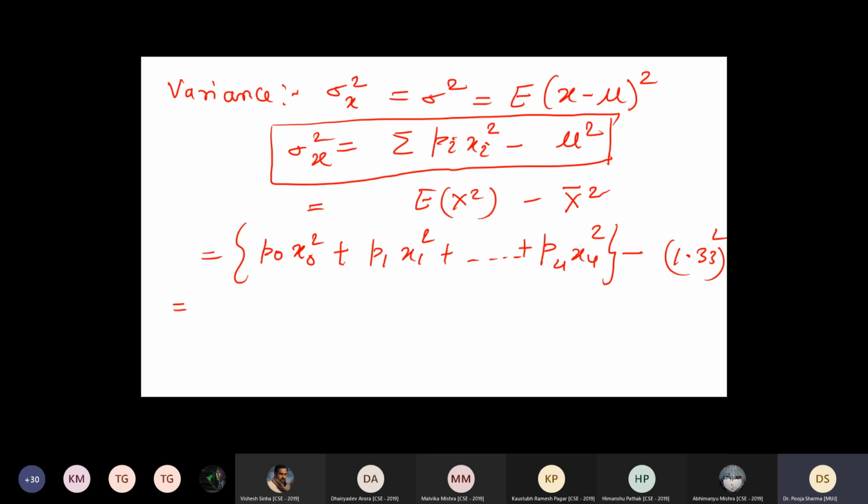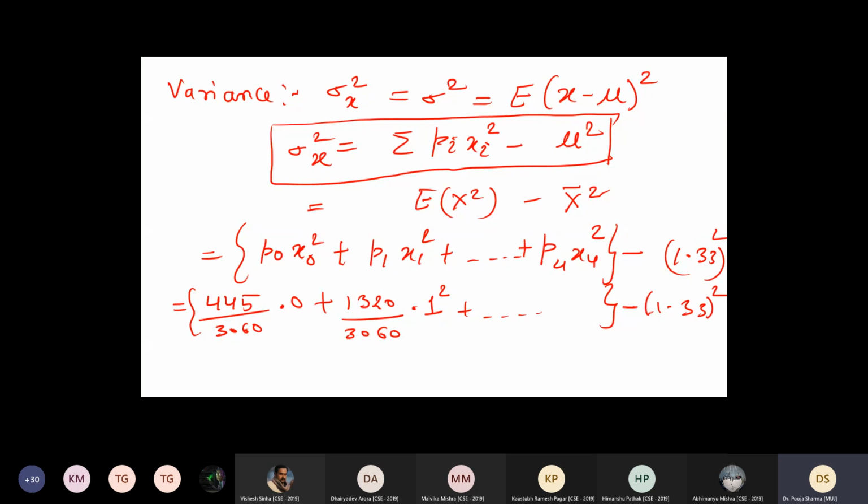So how to write? 445 upon 3060 into 0 plus p1, that is 1320 upon 3060 into 1 square, and so on. You have to do it up to 4. Minus 1.33 whole square. Let me know the numerical value of the variance.